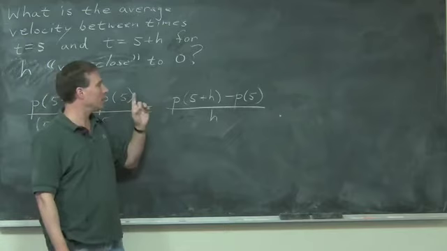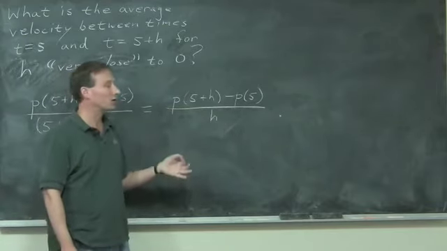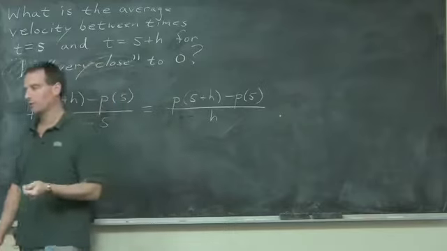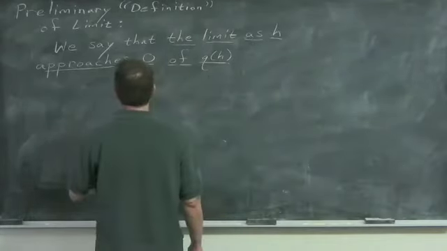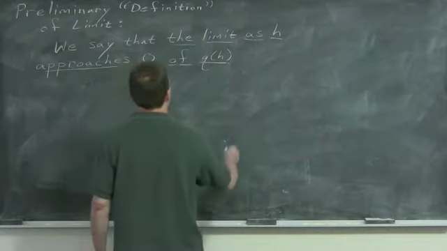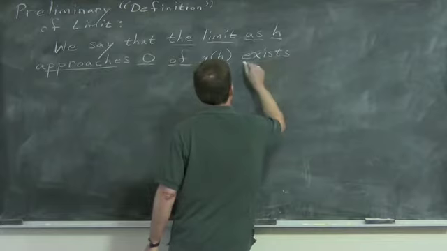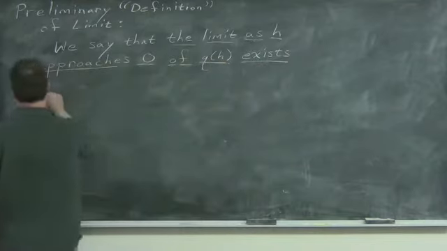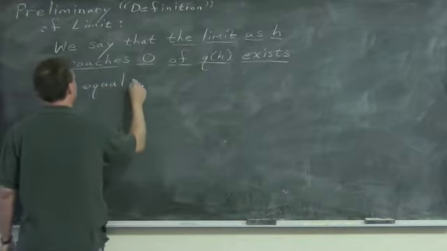I mean, can we make this arbitrarily close to some number by making h close enough to 0? There's a subtle difference there that I may come back to. We say that the limit as h approaches 0 of Q of h exists and equals L.